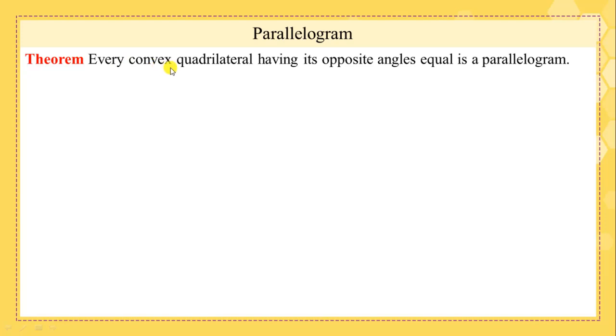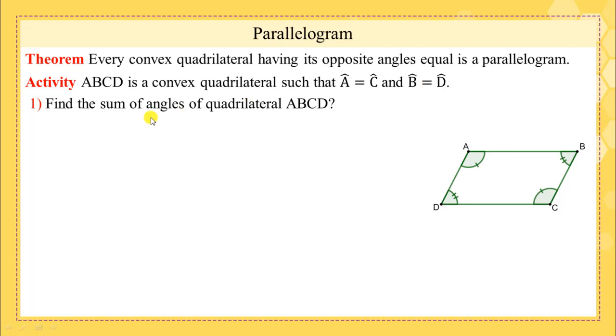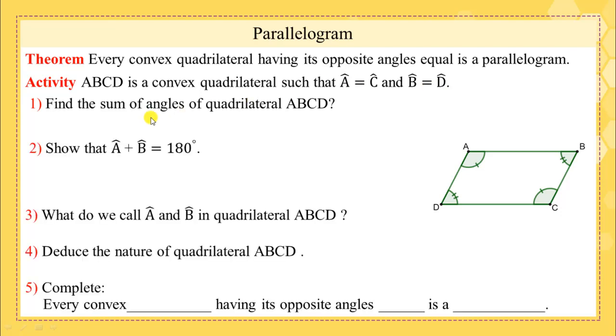Theorem: every convex quadrilateral having its opposite angles equal is a parallelogram. ABCD is a convex quadrilateral such that A equals C and B equals D. Please pause the video and try to solve these questions.